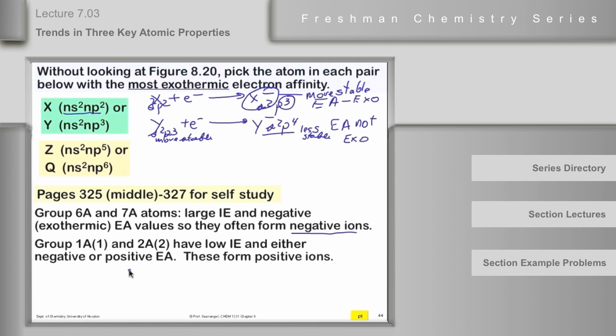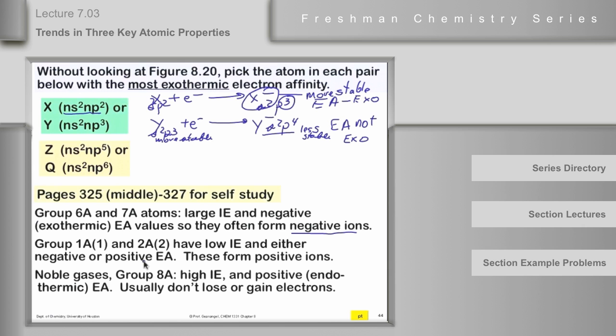Okay, so group 1A and 2A tend to form positive ions. Well, that's no news to us. We already knew that, but this kind of explains a little bit energetically why. The noble gases have very high ionization energies because their extremely stable electron configurations make it so. And they have endothermic electron affinities.